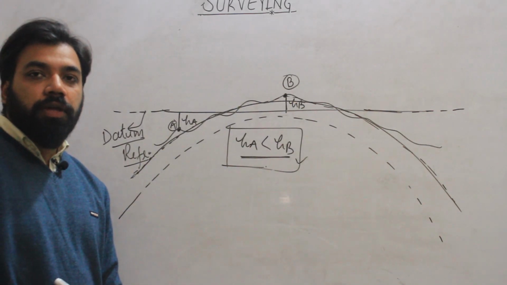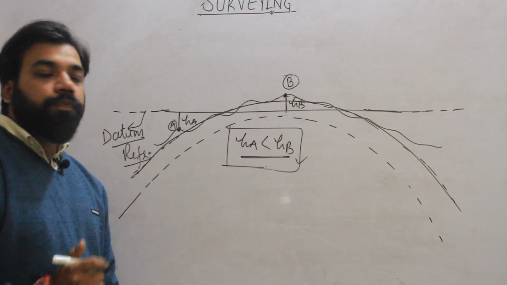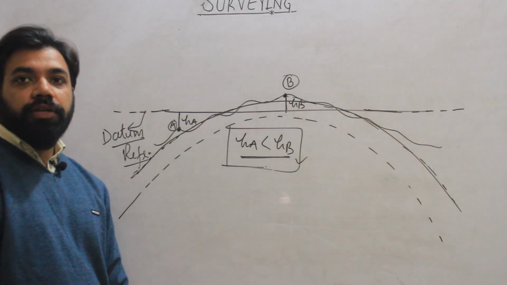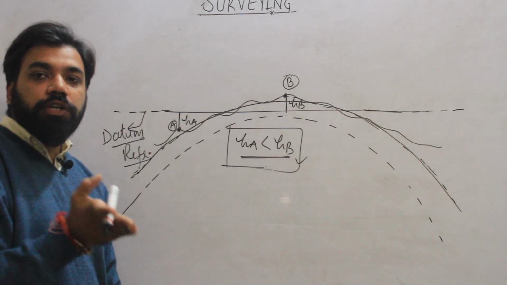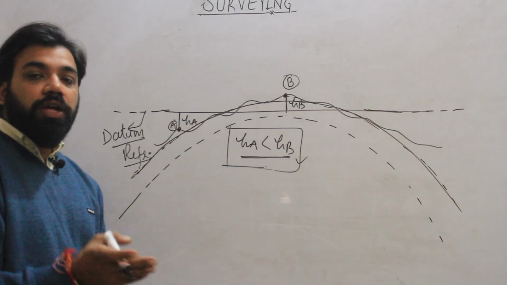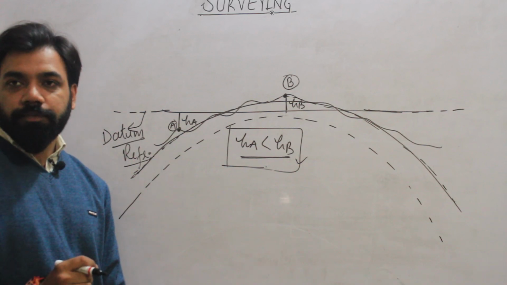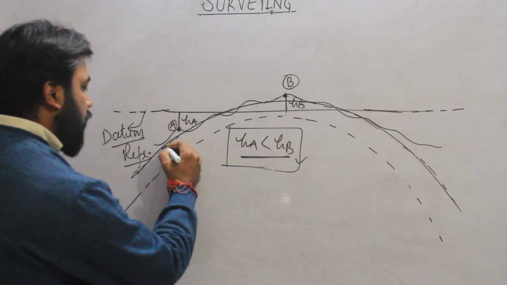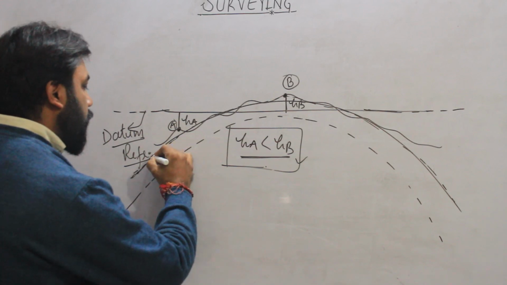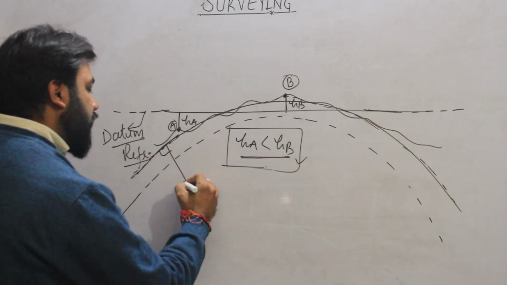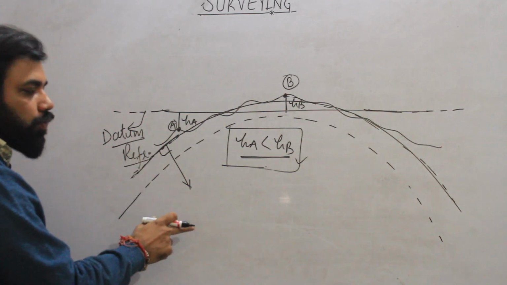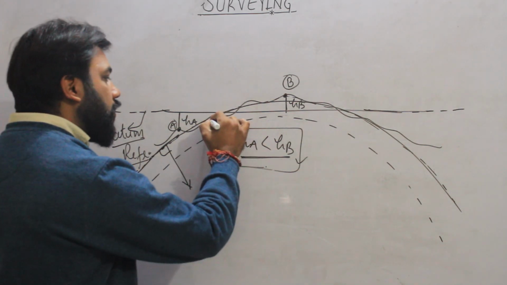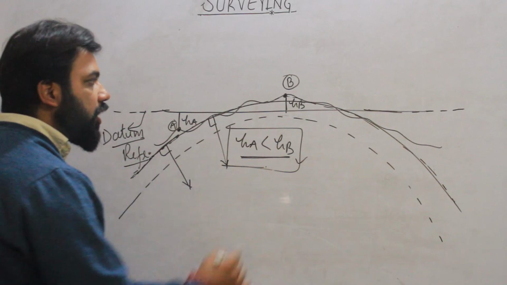That means the perpendicular on this line at every point has a tendency to move through the gravity of the earth. What does it mean? That means if we drop a perpendicular here, its tendency is to move toward the gravity at any point, if we are saying it is an equipotential line.